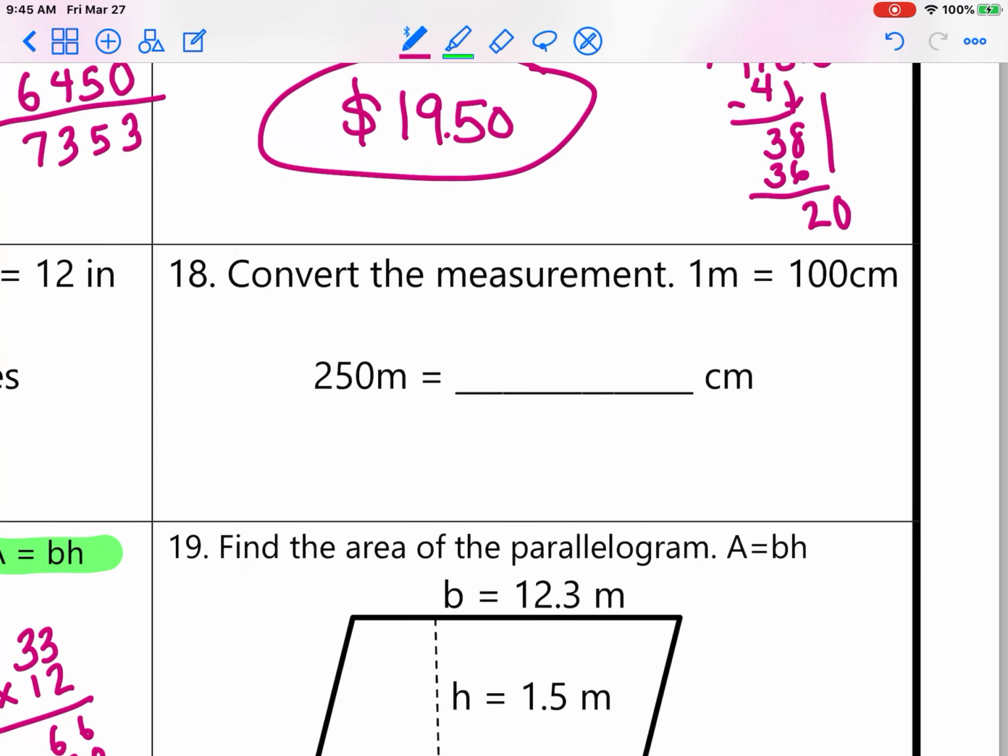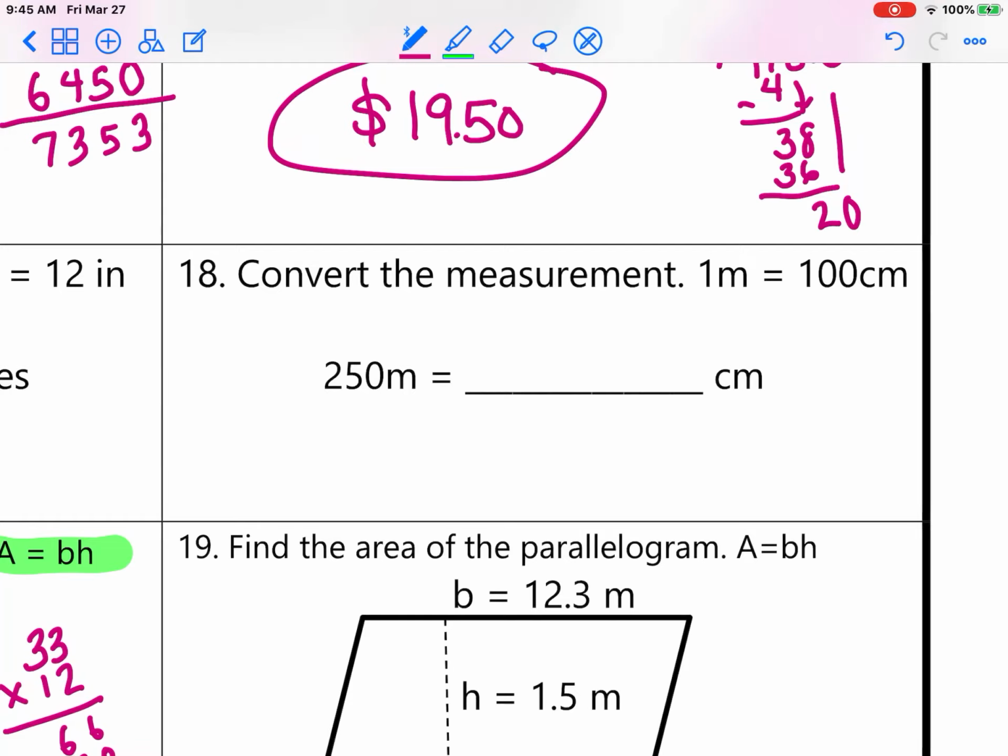All right? Number 18, convert the measurement. 1 meter equals 100 centimeters. This is important information because we're going from 250 meters to centimeters. Well, if 1 meter equals 100 centimeters, then I take the number of meters and I multiply it times 100.